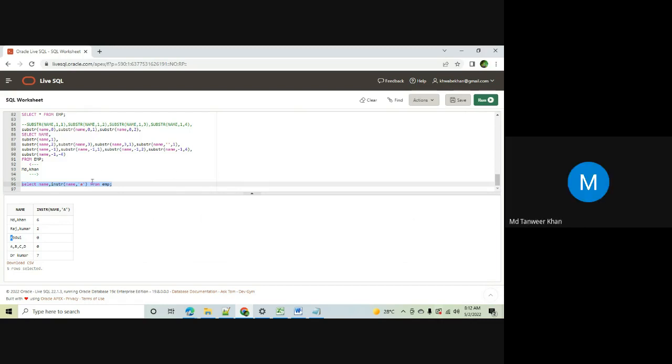Very good. Here A is in lowercase and here A is in uppercase. They both are different because they have different ASCII values, right? That's why it is saying that I cannot find lowercase a here. Similarly, in ABCD, you have A, but this is uppercase, so it's showing 0.